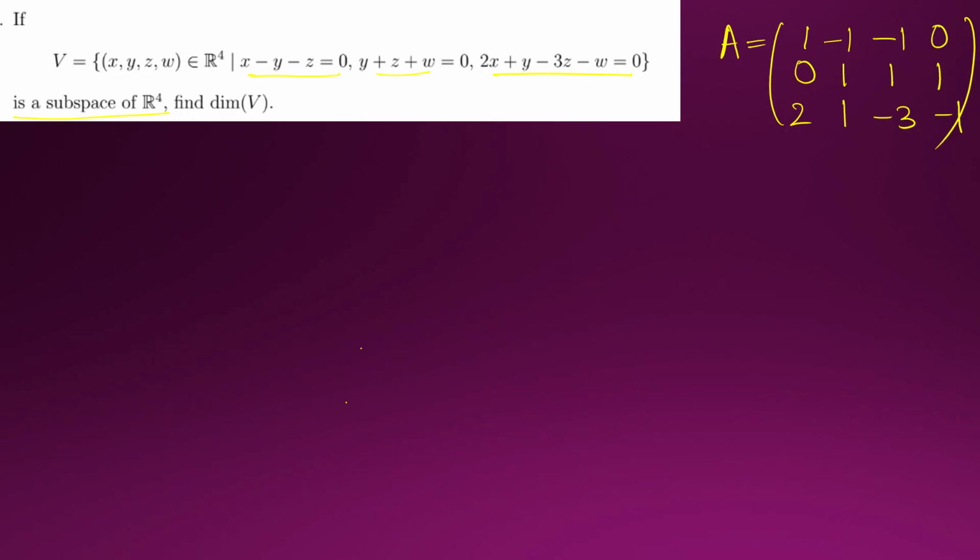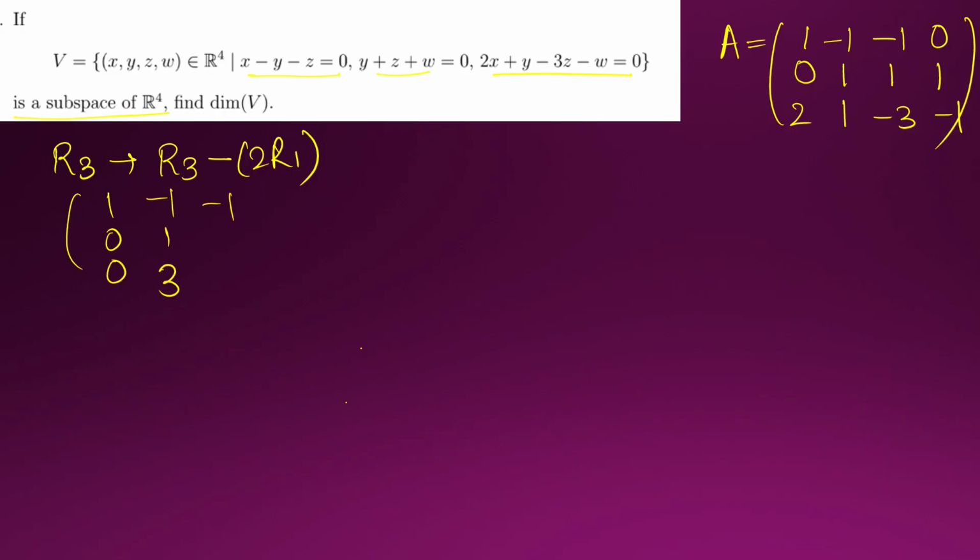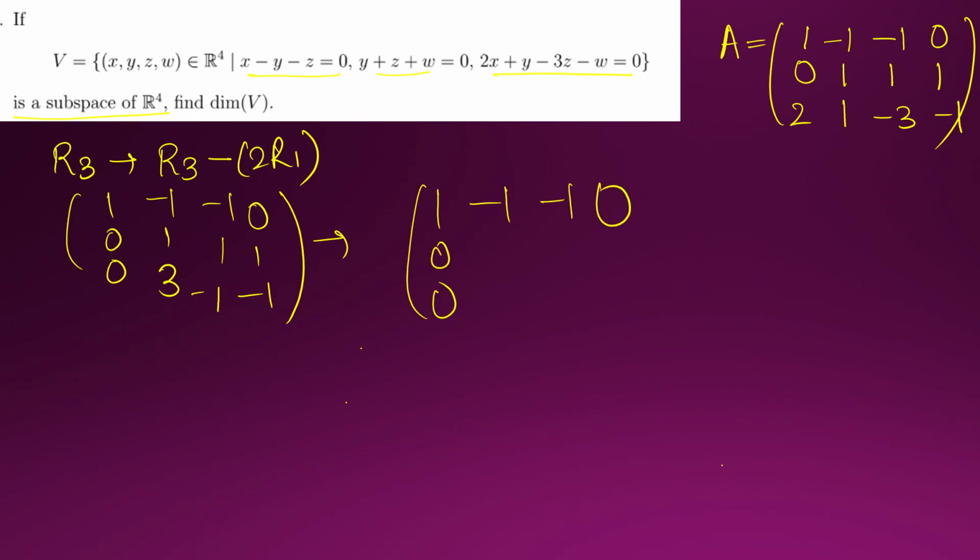Now on applying R3 minus 2R1, first let's apply this. Then you'll get 1 0 0 minus 1 1 3 minus 1 1 minus 1 0 1 minus 1. And similarly, when you solve it using your row operations, you'll get 1 0 0 minus 1 minus 1 0 1 1 1 0 1 1.